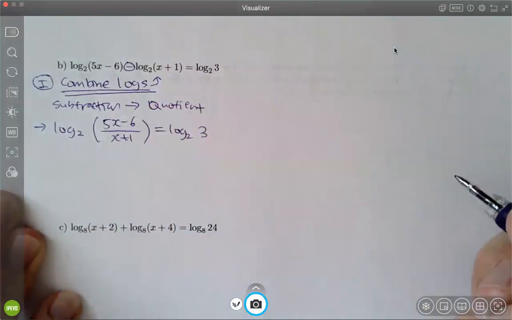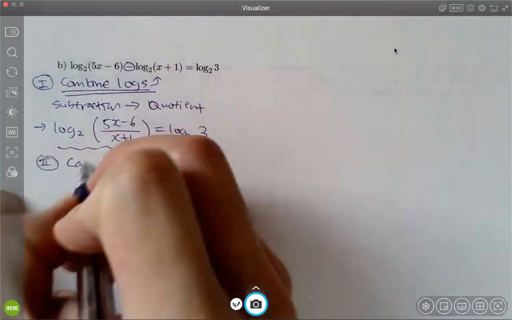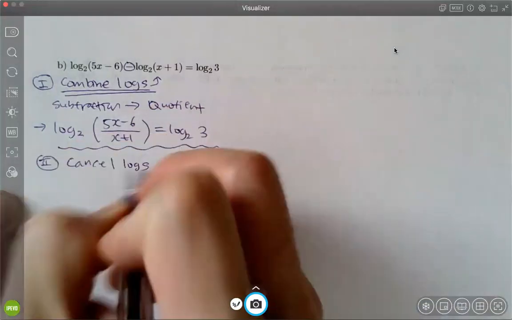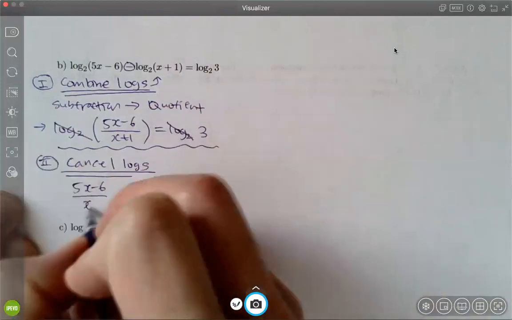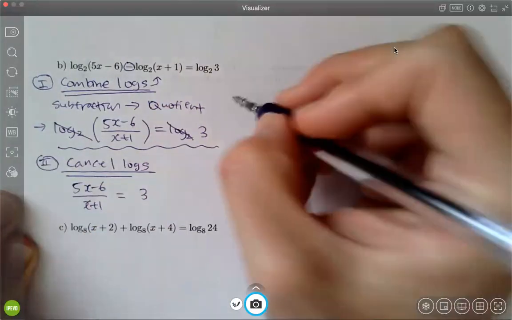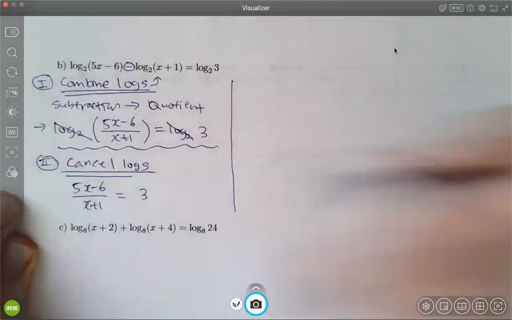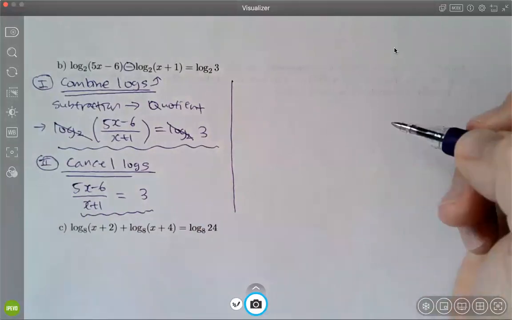Now at this point, can we cancel the logs? Yes, because they have the same base. So we have just (5x minus 6) over (x plus 1) equals 3. Now the question is, how do you solve this equation? Multiply both sides by x plus 1.